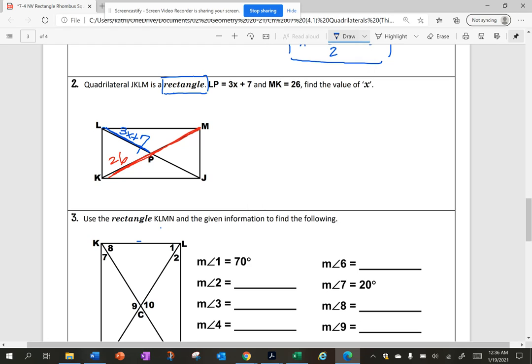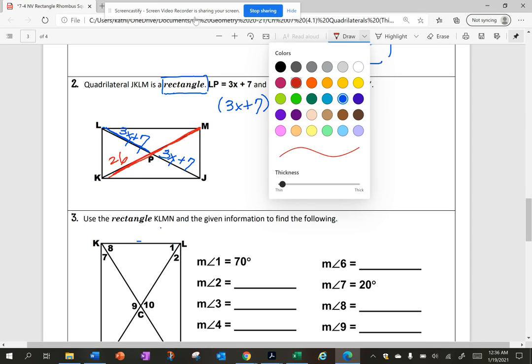I can solve by saying that this half and this half are congruent, so I can say 3x plus 7 plus 3x plus 7 equals 26.